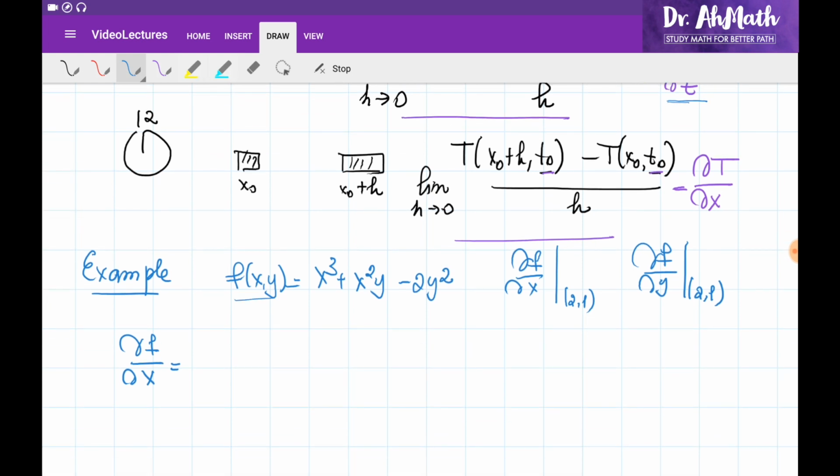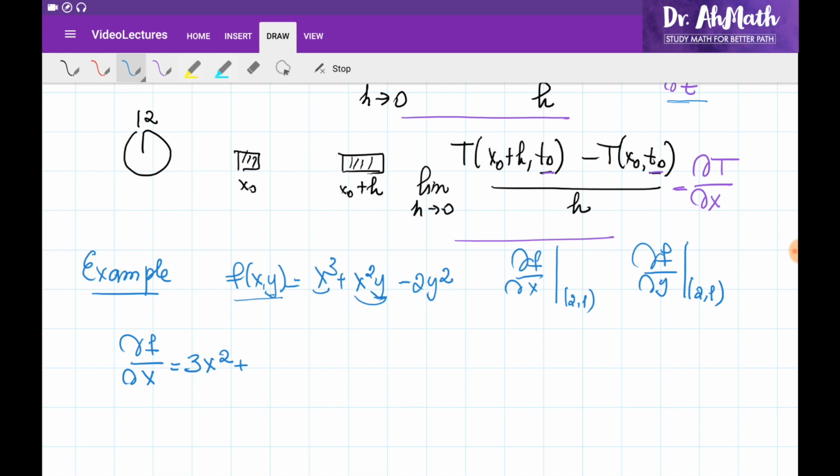So when we take the partial derivative of the function with respect to x, y is fixed, right? y is the constant. So that is why the derivative of x cubed is going to be 3x squared, and the derivative of x squared is going to be just some constant y multiplied by x squared, right?